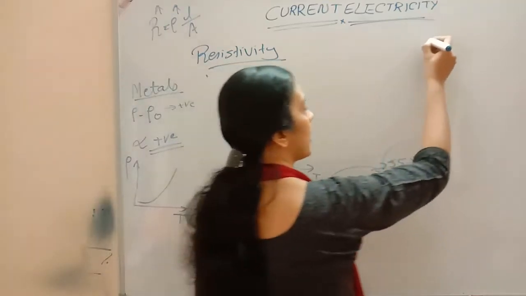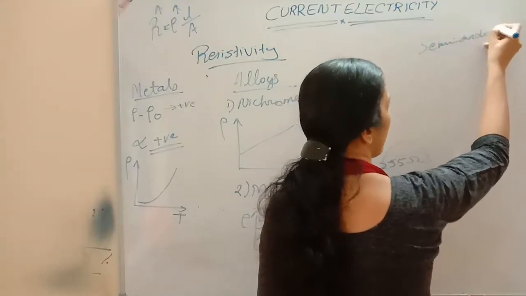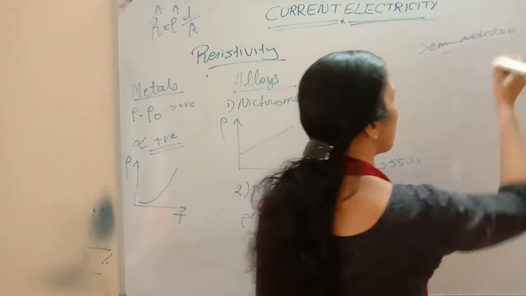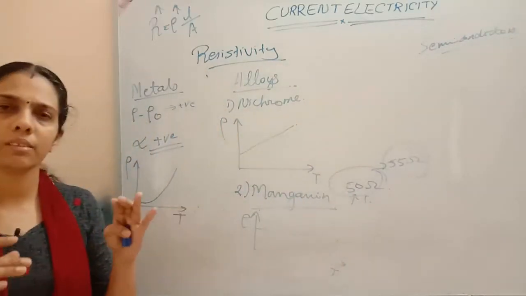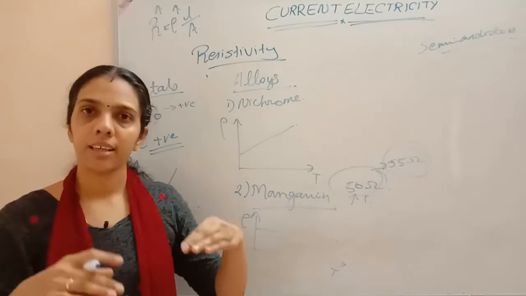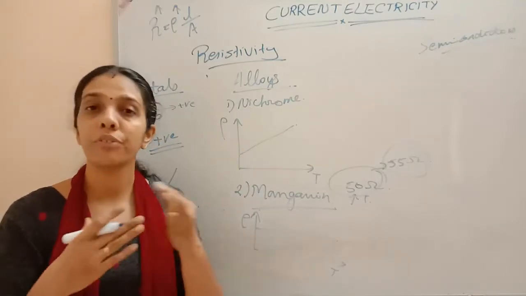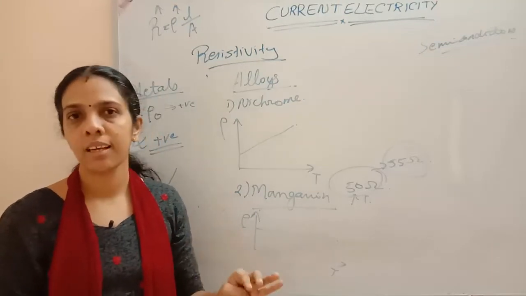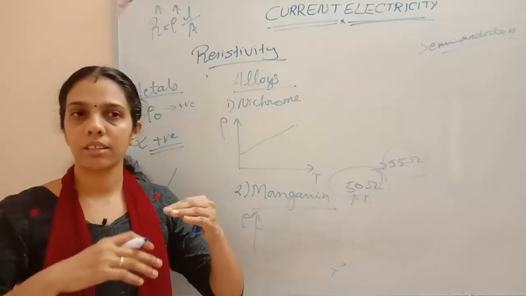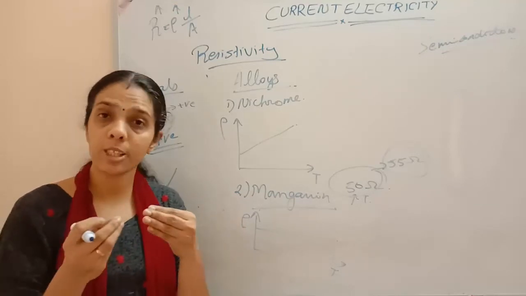Next is semiconductors. In the case of semiconductors, what will happen? I told you semiconductors won't have that many free electrons in the valence band, in the outermost shell; free electrons will be very, very few. But the electrons are ready to come out with a very small energy.